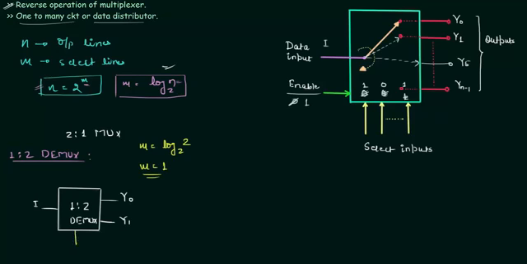We will have a single select input, say S0. I will also consider enable. E is the enable. Now we can easily find out the table for the 1:2 demux. So let's do it quickly.